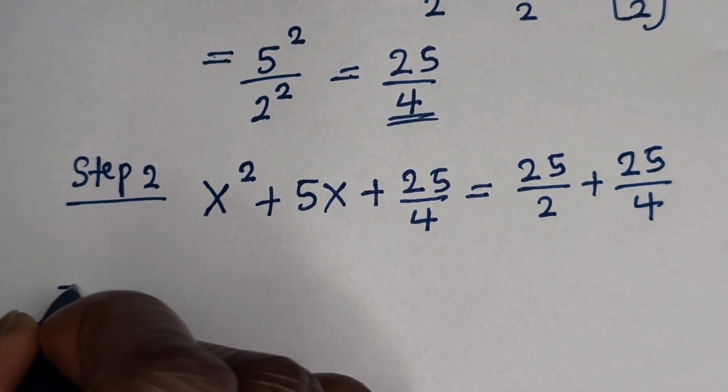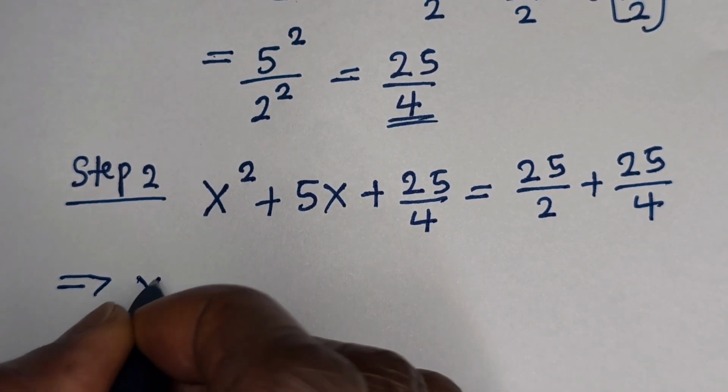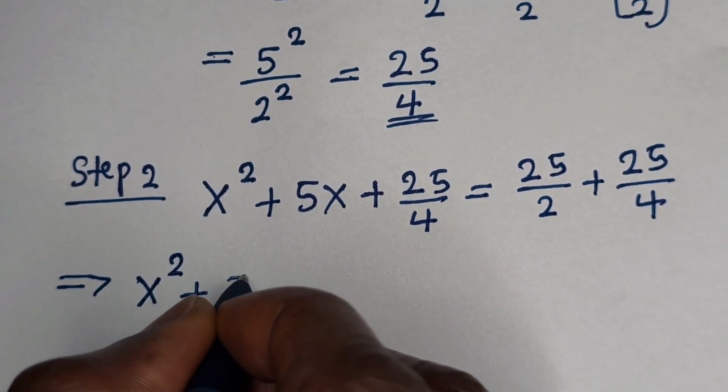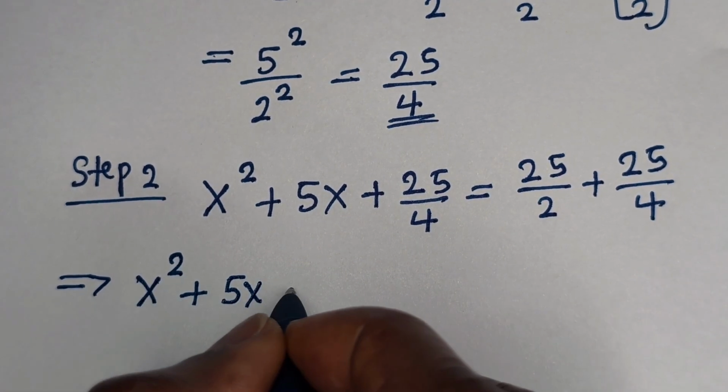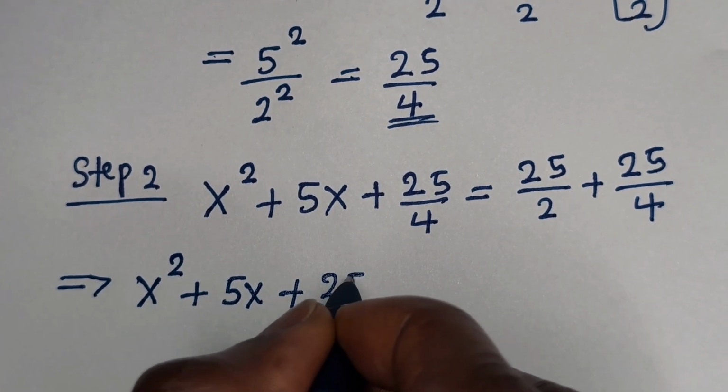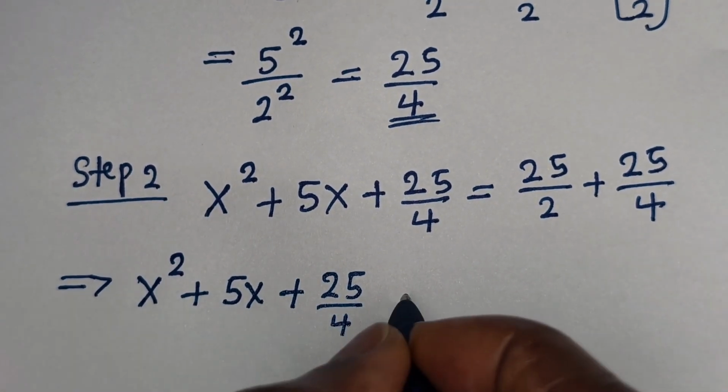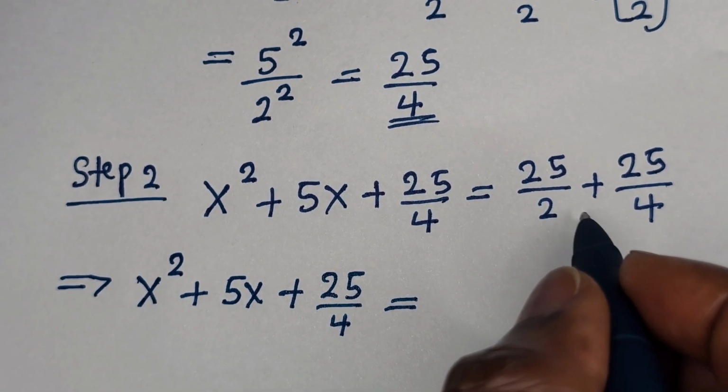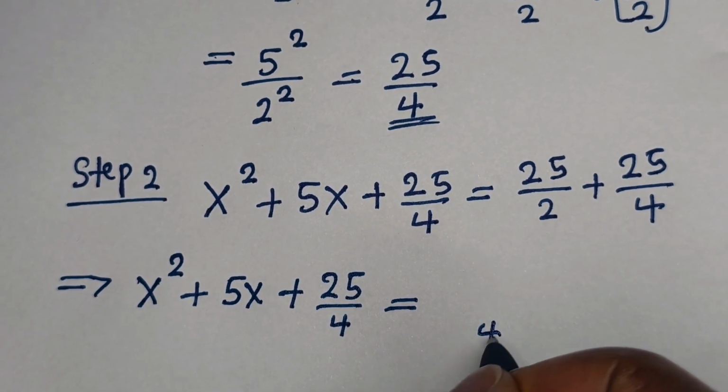Now this is x squared plus 5x plus 25 over 4 is equal to, the LCM here is 4.